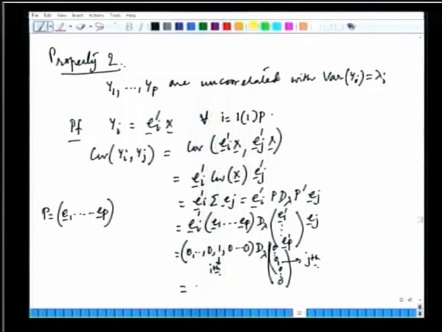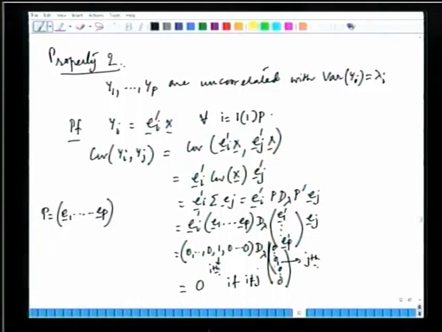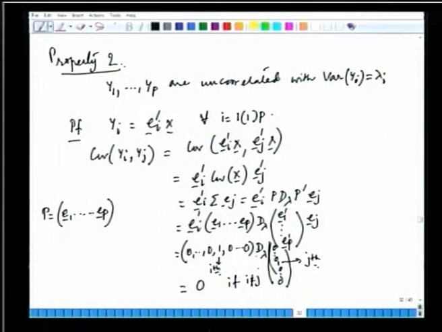As a result I have 0 if i is not equal to j. And if i is equal to j, then 1 is going to match with 1 here, and the resultant element that is going to remain is the ith element of D lambda, and that is going to be lambda i if i is equal to j.